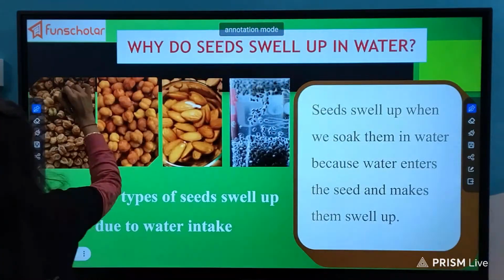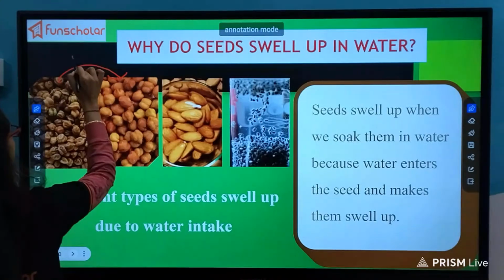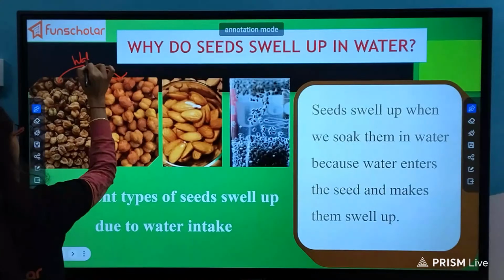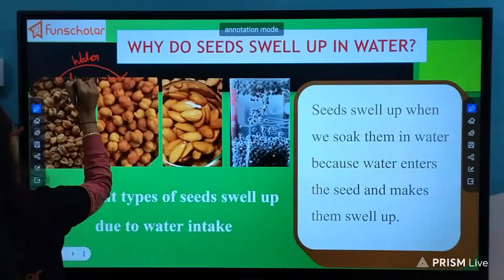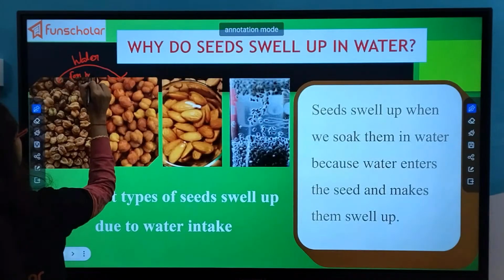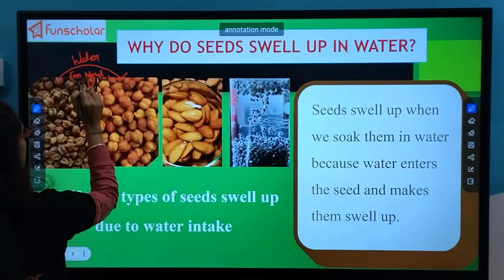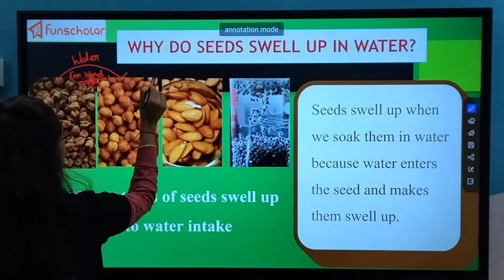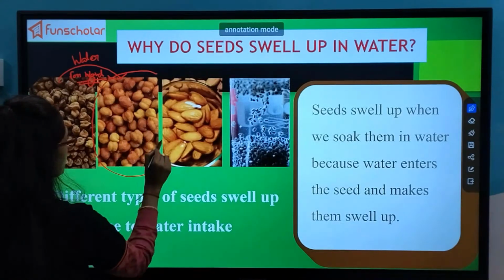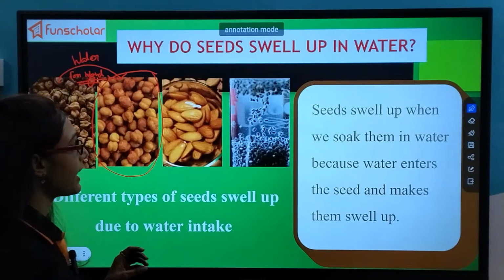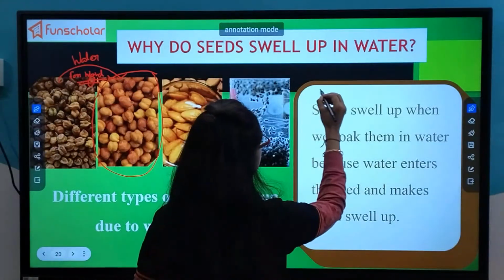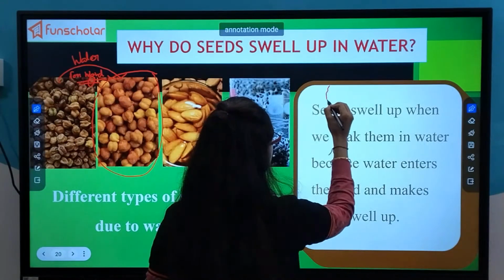Okay, I am keeping this in water for one night. In the morning, what do I see? The gram has swollen.